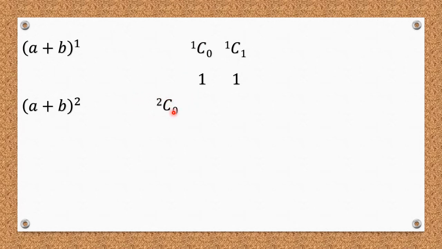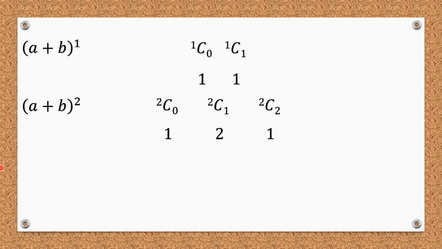Then I add a value, it becomes 2C1. And because I can still go further, I take 2C2. So all the possible combinations using 2: 2C0, 2C1, 2C2. 2C0 is 1, 2C1 is 2 and 2C2 is again 1. Did it ring a bell?